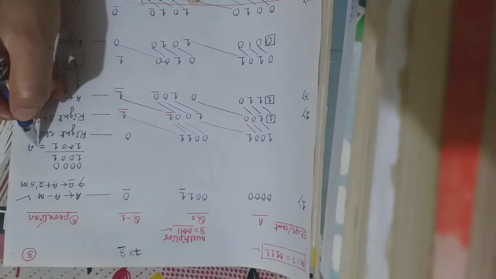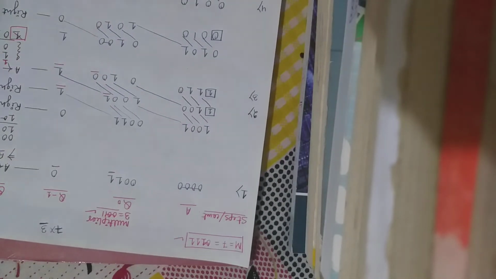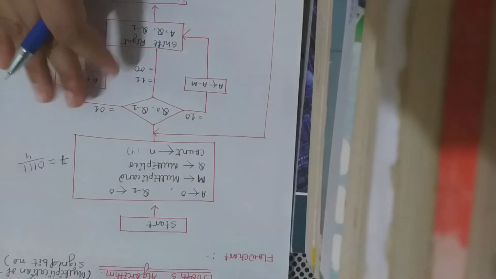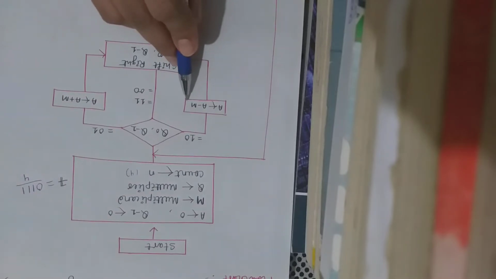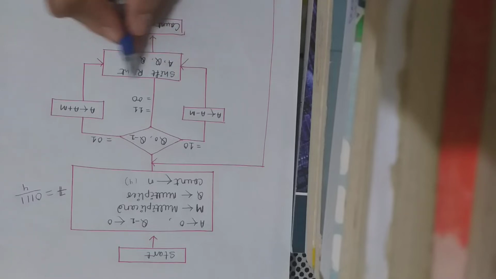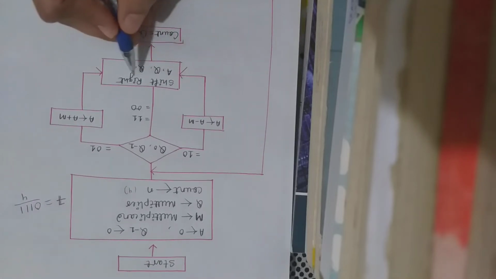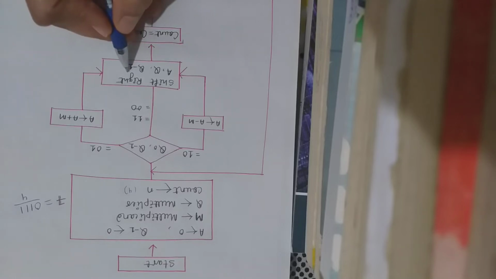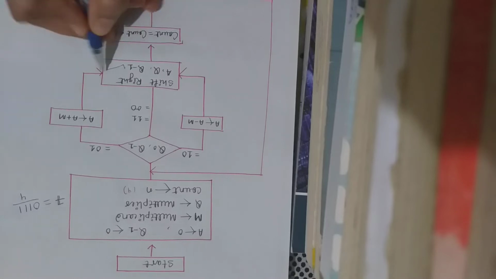Again, the cycle is not stopped here. It will continue because we have the flow chart. After A equal to A minus M, it will go to the next step: shift register A, Q and Q minus 1. That means A, Q and Q minus 1 will be right shifted.